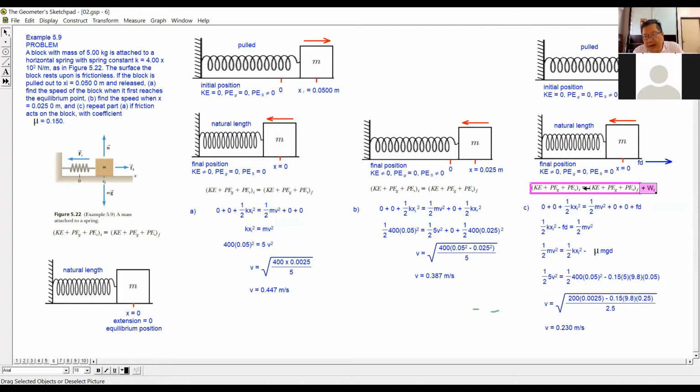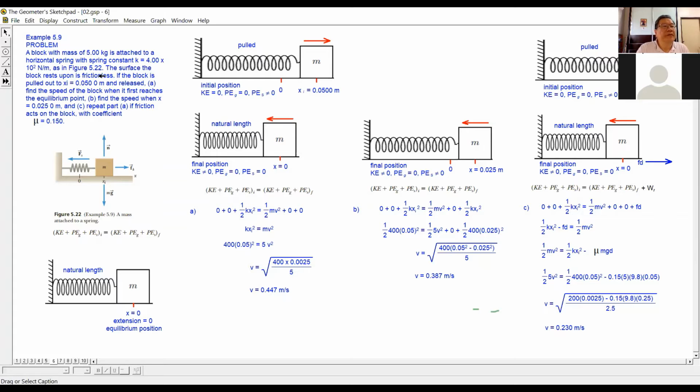So other than the distribution of energy, initial and final, among these three factors, you also need to distribute some to the work done against friction, if there is friction. But the first two cases, no friction. Only the final one has friction. So you have to include the work done against friction.